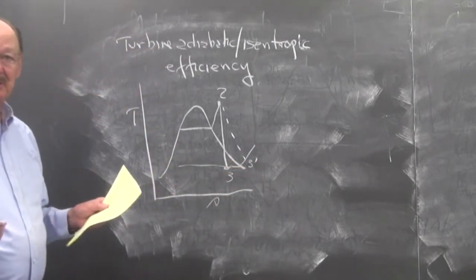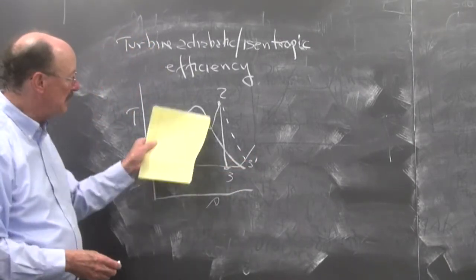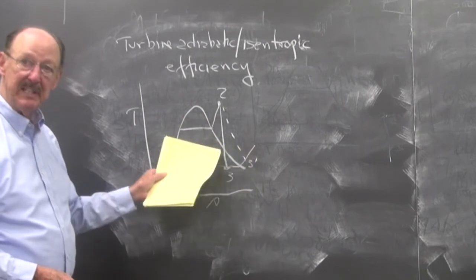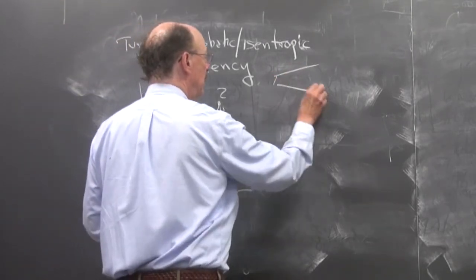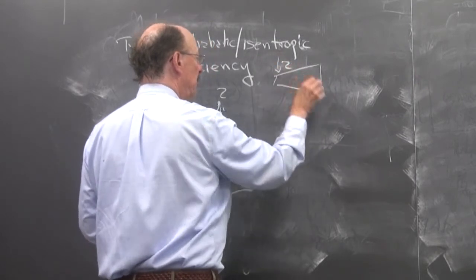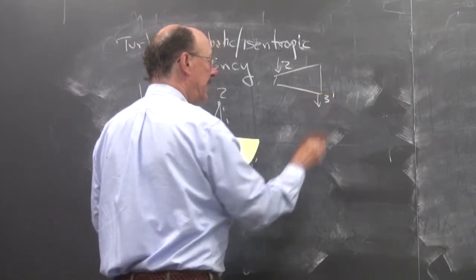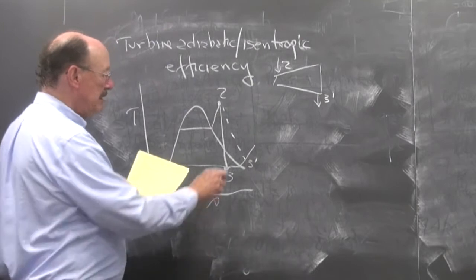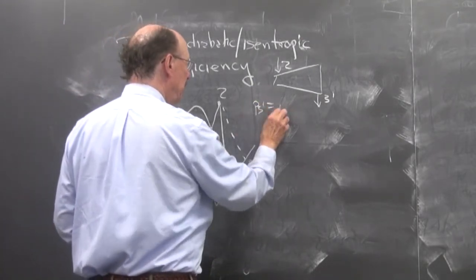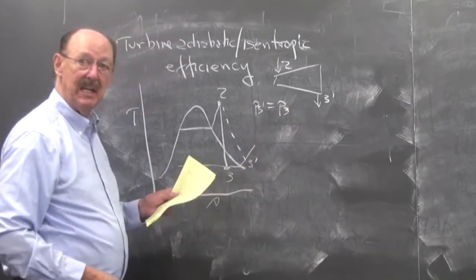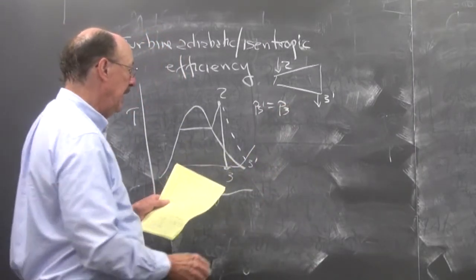Doesn't necessarily mean it's going in the superheat region, it just means that the entropy is increasing as it expands through the turbine. So as it goes through the turbine, it comes in at state 2, and it's really leaving at S3 prime. The pressure is the same, so P3 prime is equal to P3.